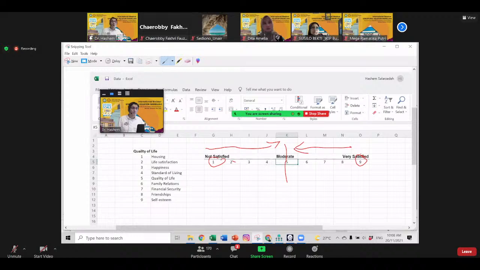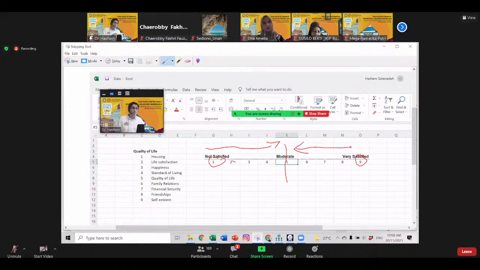Why? Because one part of the structural equation model or Amos software process is the normality test. If you have less variation, for example 1 to 4, the probability of your data becoming non-normal is high.